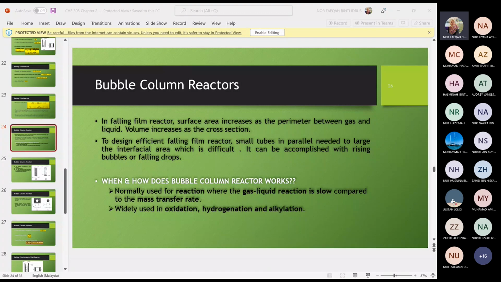So how do we calculate the concentration of gas reactant in the liquid phase? Again, by using the Henry's law equation, as I showed in the previous class. Okay, bubble columns rely on nozzles, mixing plates and impellers within the reactor to control the bubble size or the drop size.